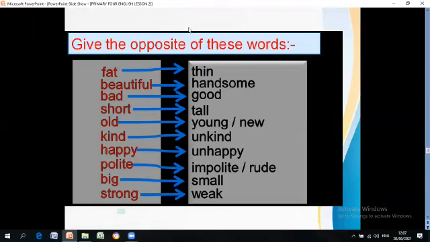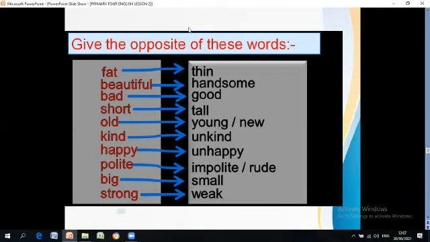Kind has its opposite as unkind. So that one forms its opposite by using a prefix, by adding some combination of letters. That combination of letters that we add before a word to change its meaning and pronunciation, we call a prefix. So there we add the prefix un to the word kind, and it gives us the word unkind.